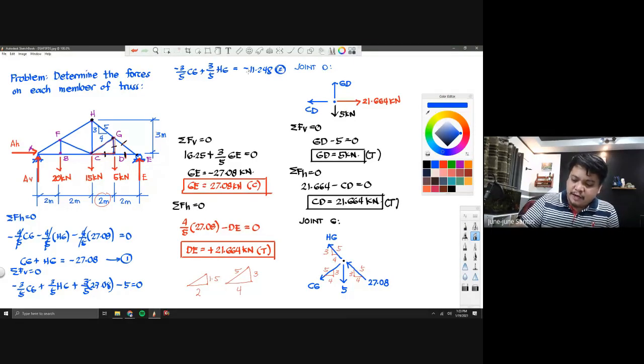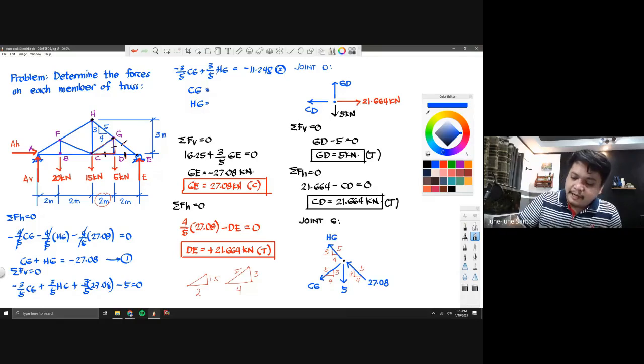You have equation 1, you have equation 2, solving simultaneously, may makuha kang CG, and then may makuha kang HG. Okay? So, let's try. 1, negative 27.08. Negative 3 divided by 5, 3 divided by 5, negative 11.248.